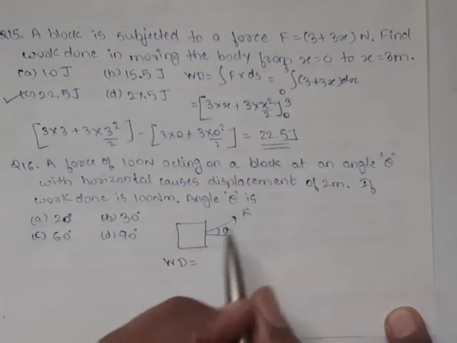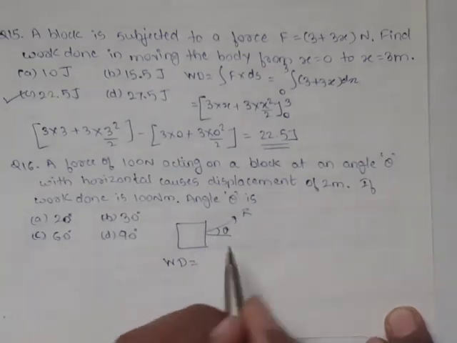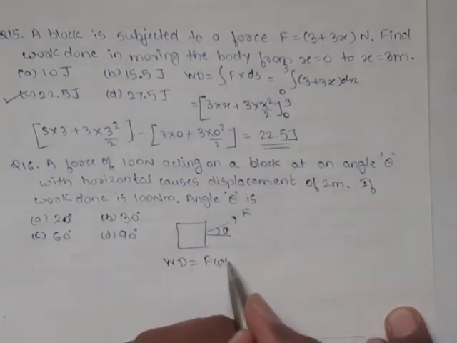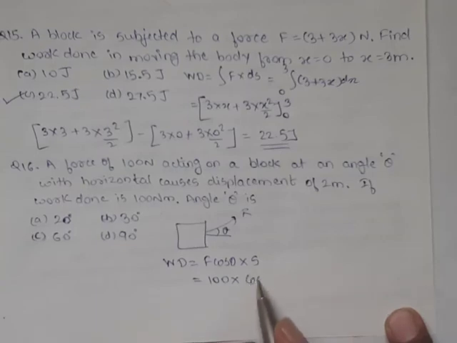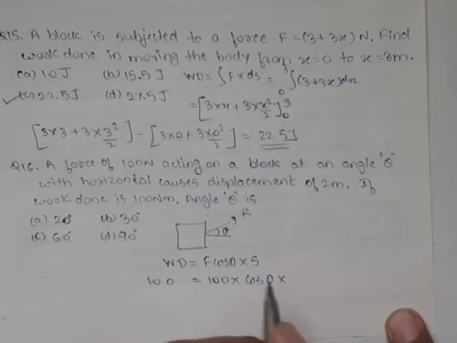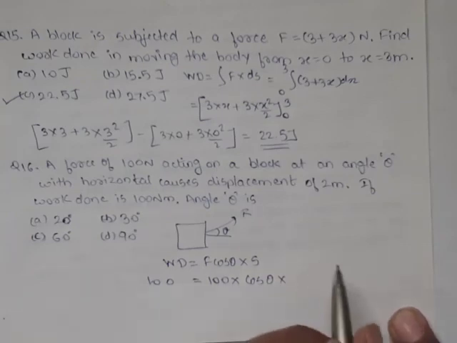Now the force component F cos theta will be acting along the direction of displacement, so instead of taking the entire force, we take its cos component. So F cos theta. Here force is 100, theta is asked, work done is 100 Newton meter, and displacement is also given. So displacement is 2 meter.